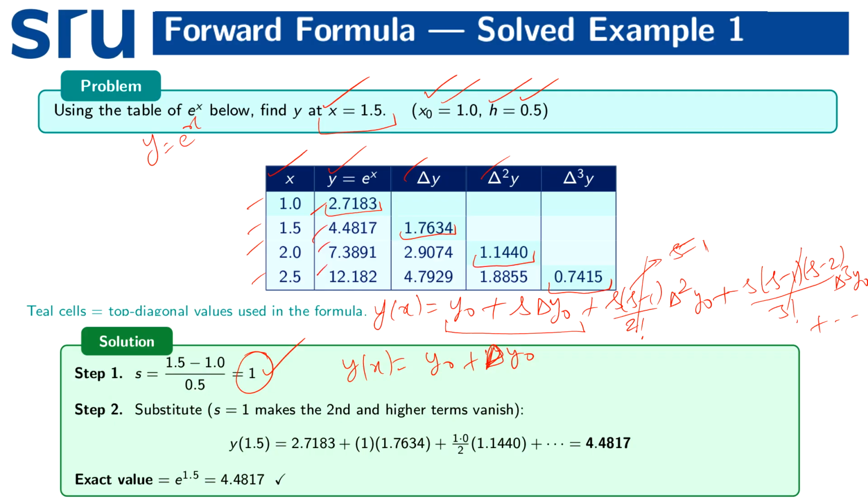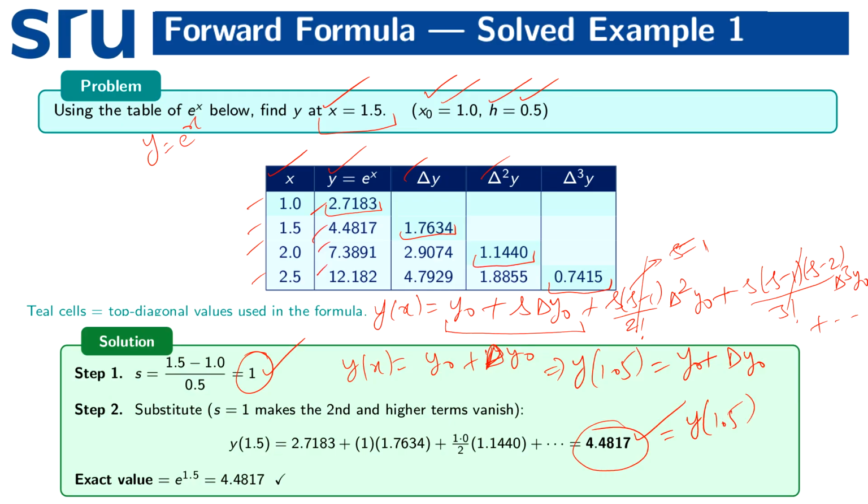If you put the value x equal to 1.5, this is y naught plus delta y naught, values that you need to consider from the table, and you're getting the answer as 4.4817. This is the interpolated value and it is equal to y 1.5. This is the approximate value, interpolated value.